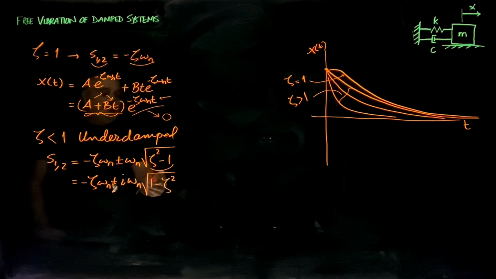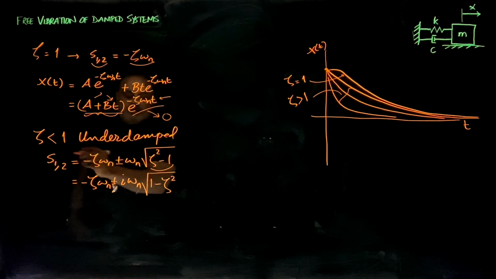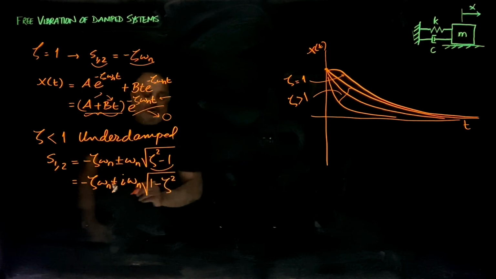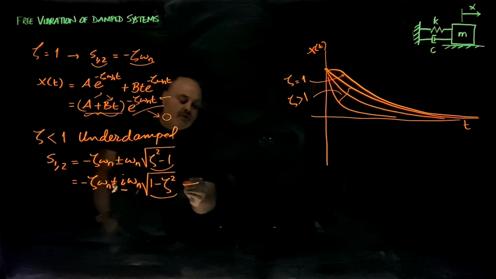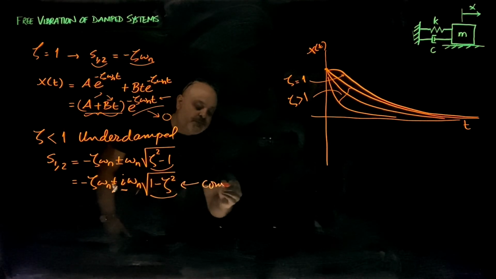Now when it's 1 minus zeta squared, and zeta is less than 1, this is positive, which we can find the square root for, and I have the complex index here, so the roots are complex roots.